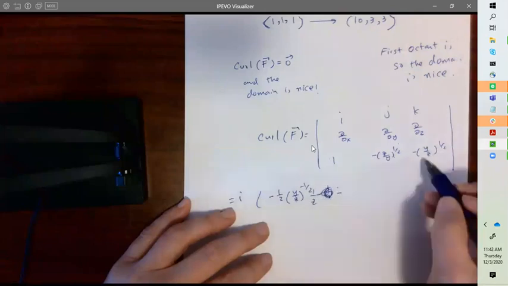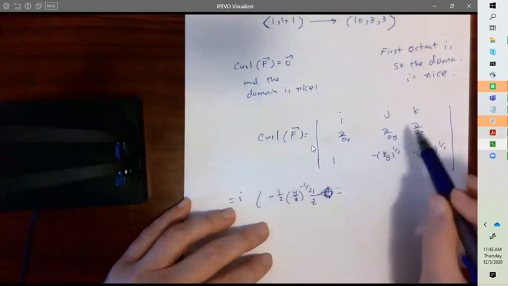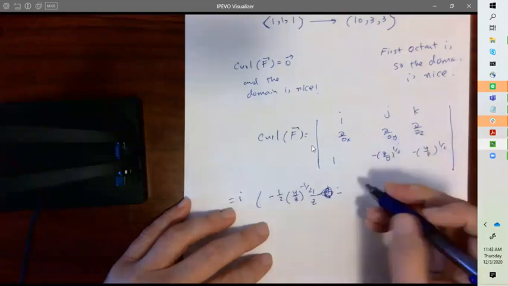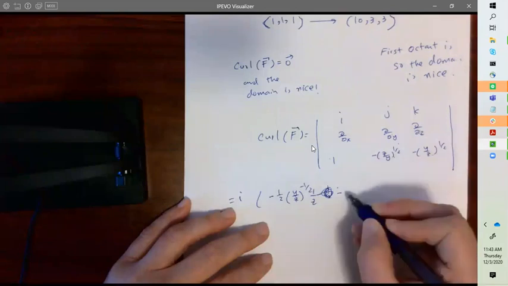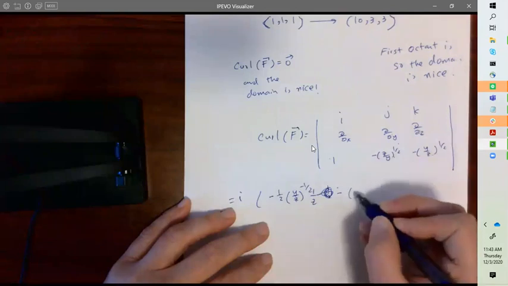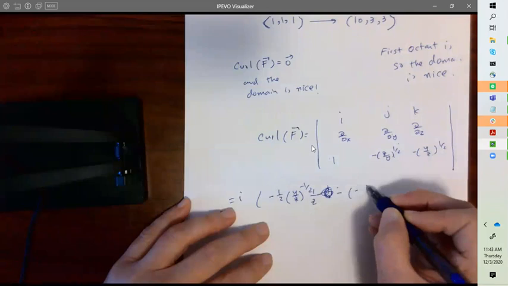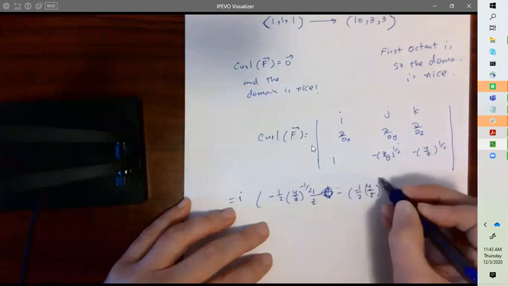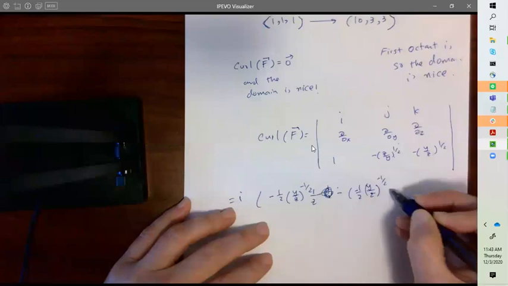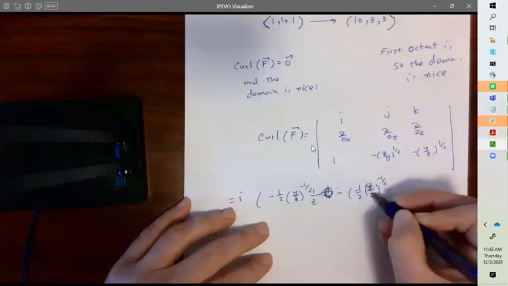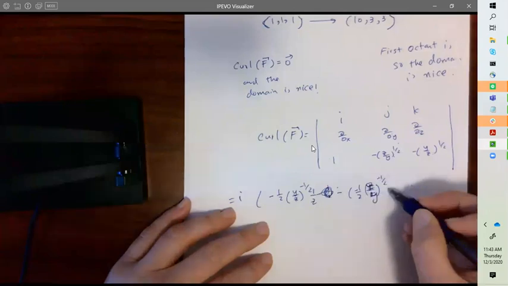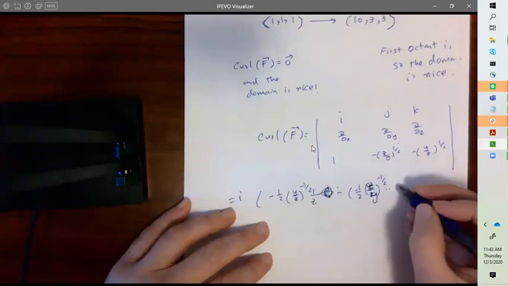And then subtracting the partial with respect to z of negative sqrt(z/y): minus 1/2 (z/y) to the power negative 1/2 times the derivative of the inside with respect to z, which is 1 over y.